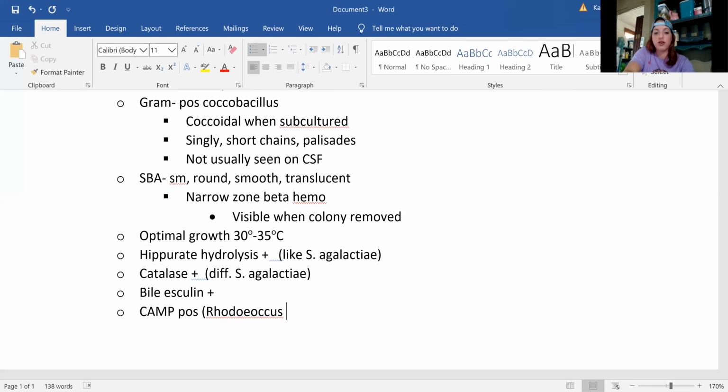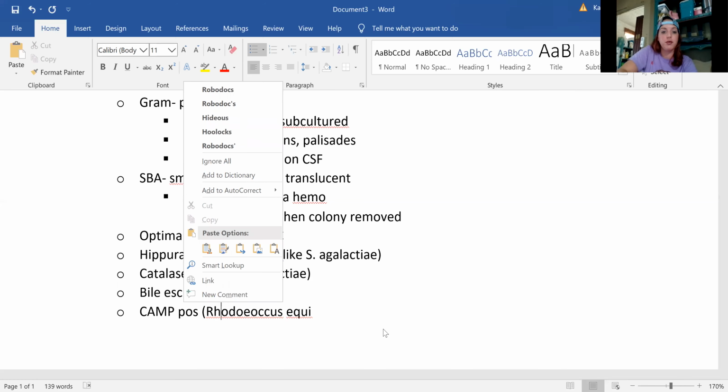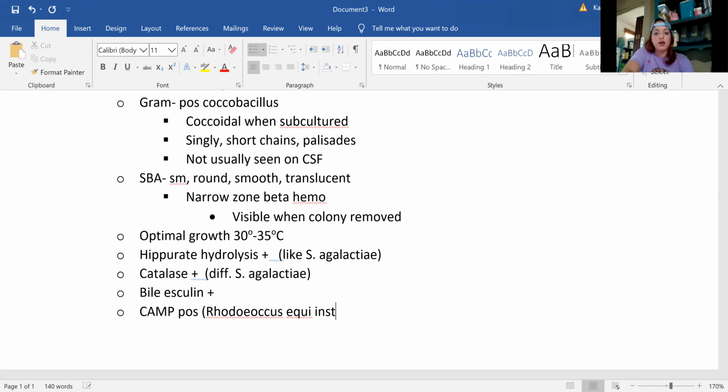You actually use Rhodococcus equi. So what you do is you streak this Rhodococcus instead of your Staph aureus for your CAMP test.